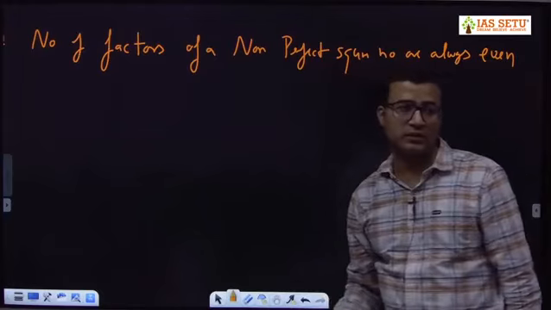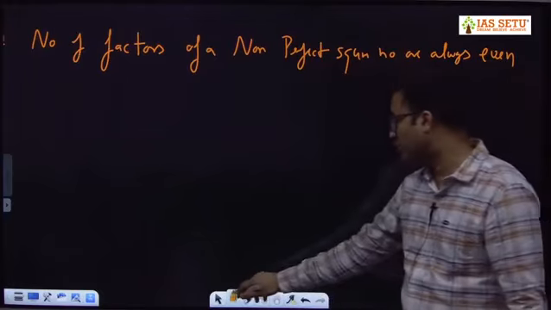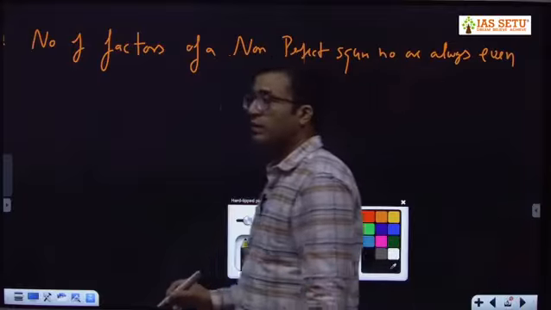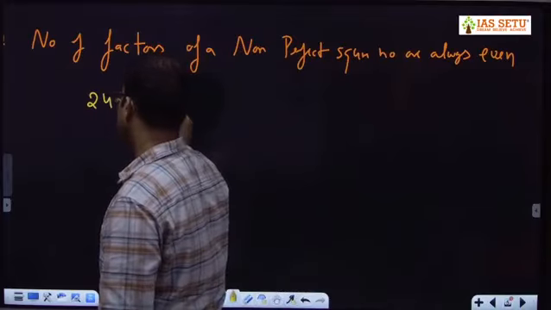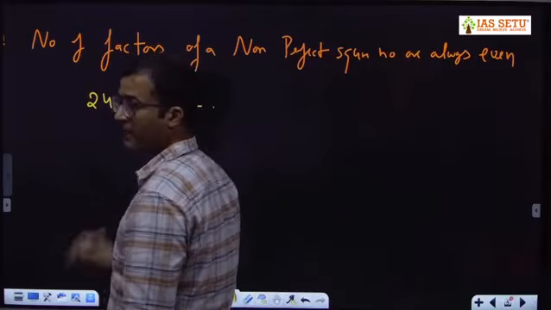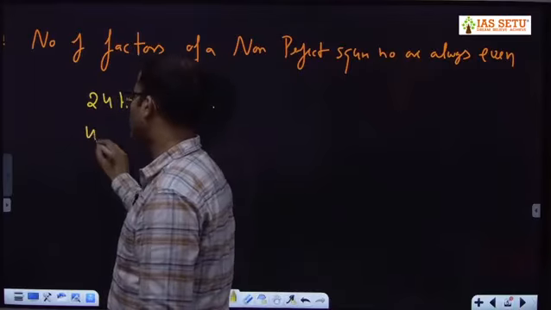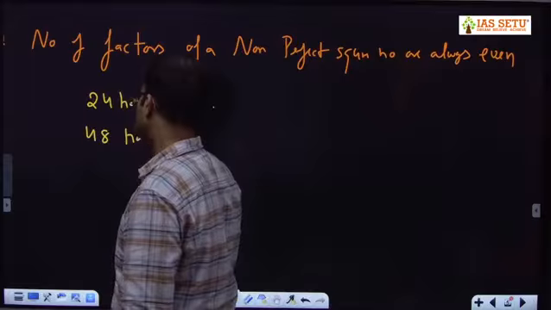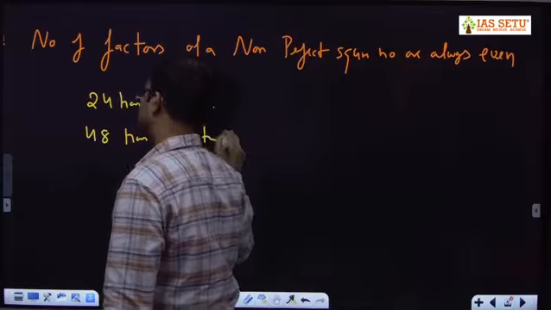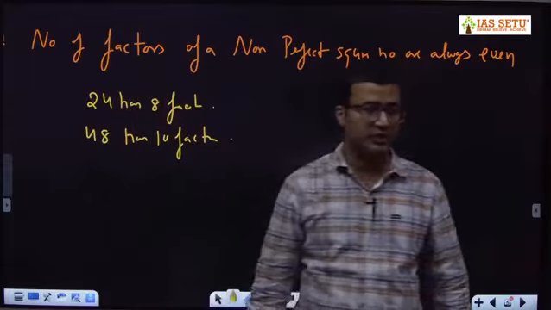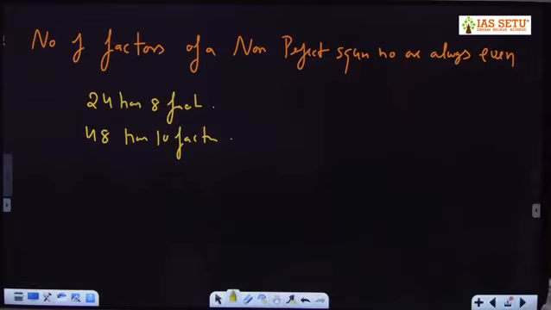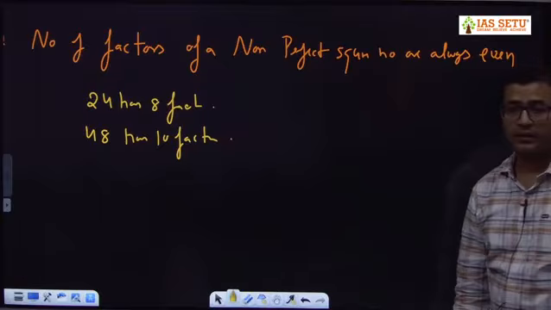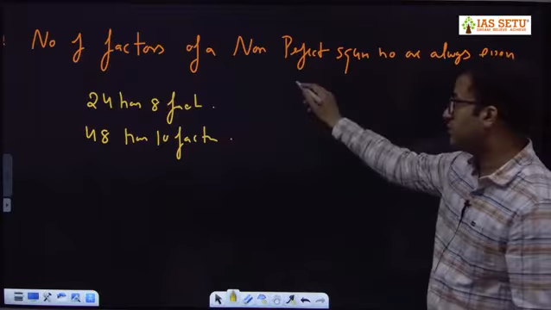Number of factors of a non-perfect square number are always even. For example, 24 has 8 factors, 48 has 10 factors. We have checked: 24 has 8 factors, 48 has 10 factors. Take your time. Check 60.